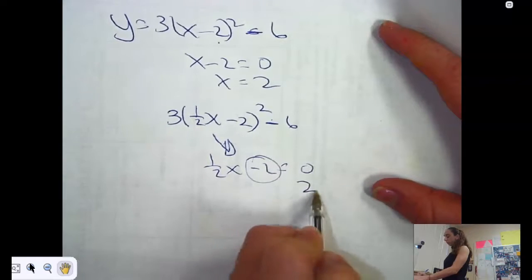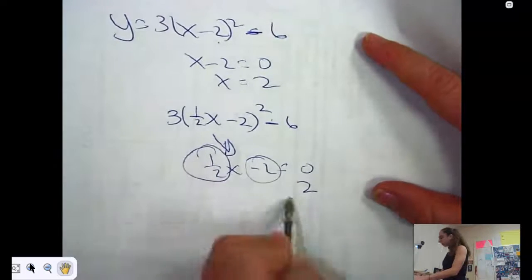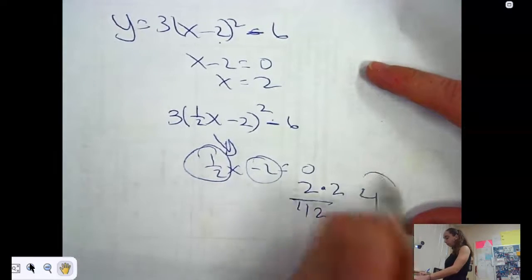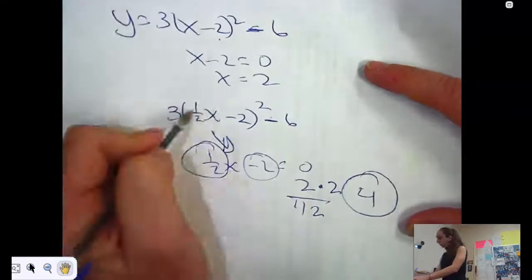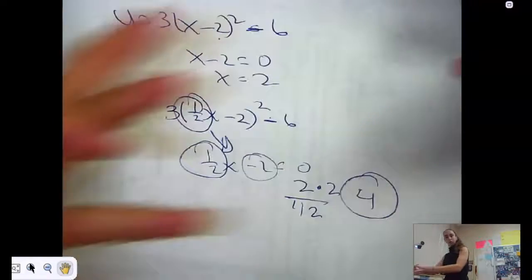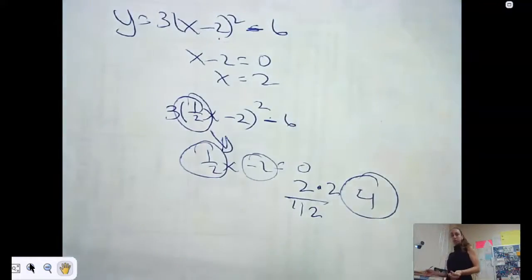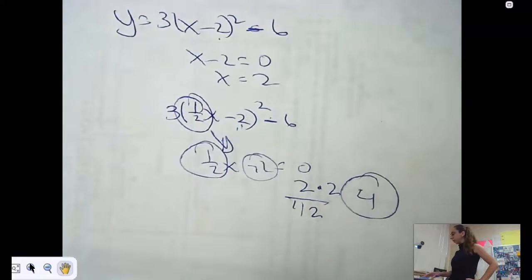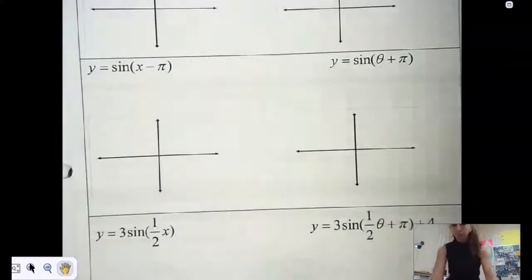So not only are you doing the opposite of this, but then you're dividing by this, which is the same as multiplying by that, which is 4. So this period, the stretch or compression horizontally, affects where your horizontal translation is going to be. Okay?